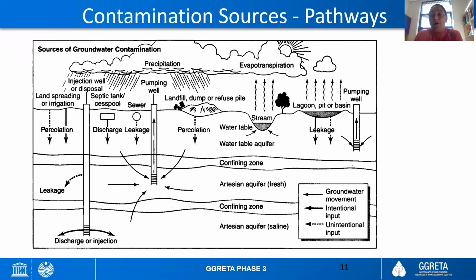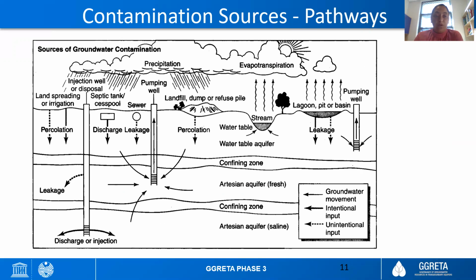When we consider pathways of contamination sources, we need to take into consideration, of course, our rainfall amount, like we've briefly discussed in the vulnerability mapping.